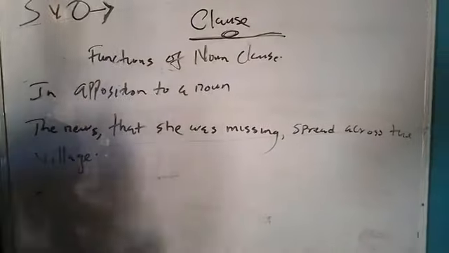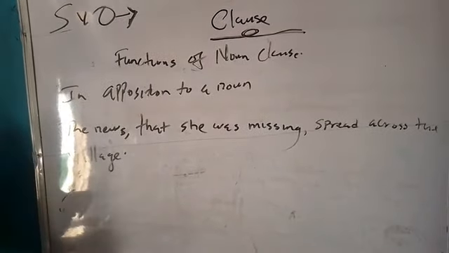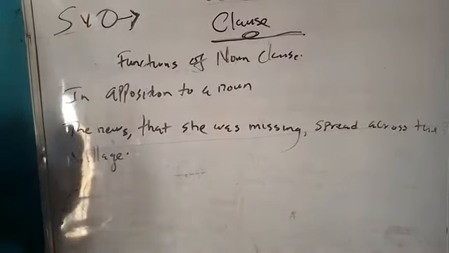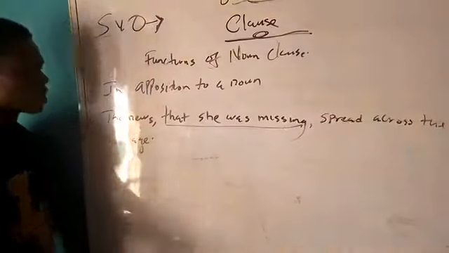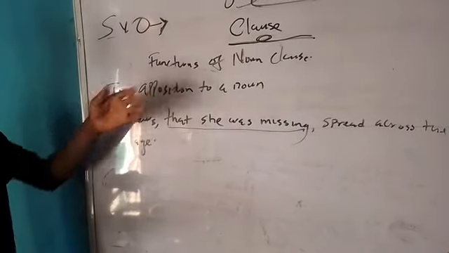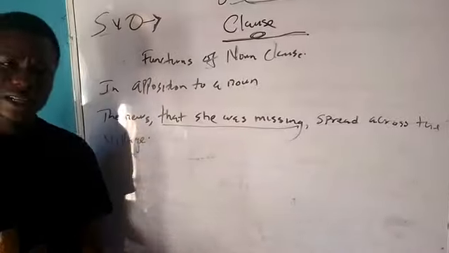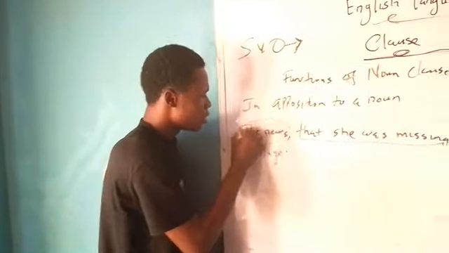The news that she was missing spread across the village. When you look at this sentence very well, that she was missing is actually our noun clause. And I said before that it's in apposition to a noun. It's when the noun clause and the noun refer to the same person or thing. And look at news, the news.